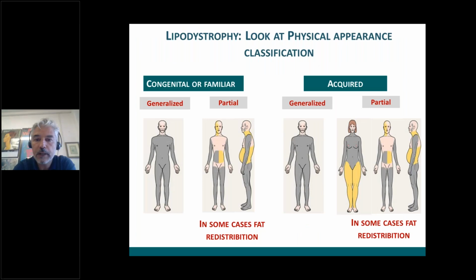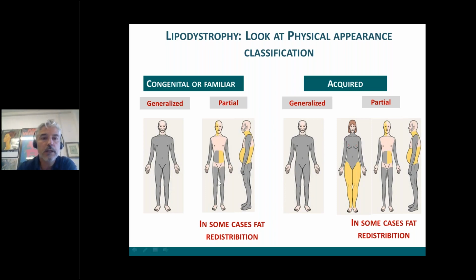Lipodystrophies are classified in 4 large groups or families, based on, first, if they are genetically determined, so congenital or familial in one case, or acquired, and based on the distribution of fat loss, generalized or partial.